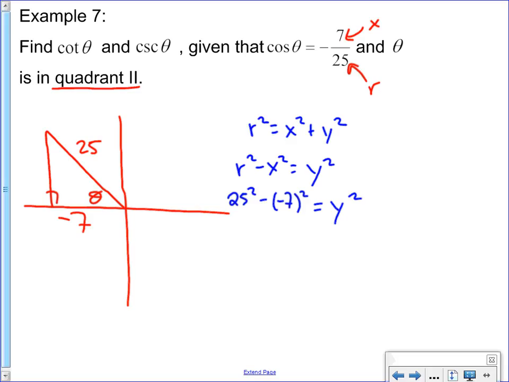What is it? 674. And does it square root? It does not. 674 is it, right? Did we all agree with 674?